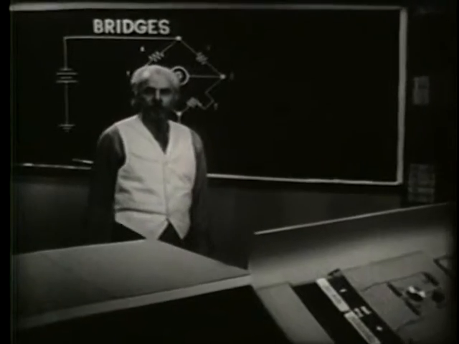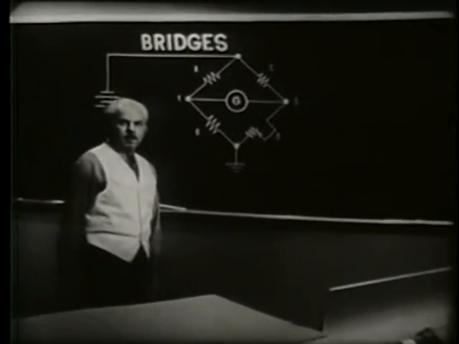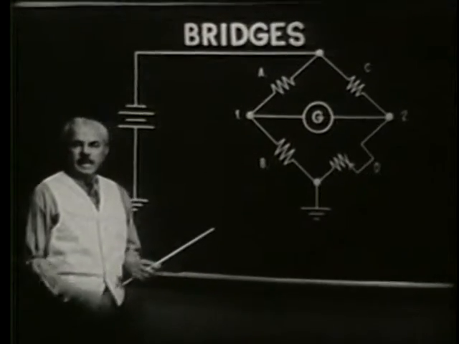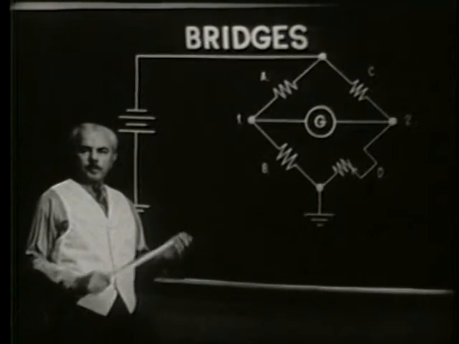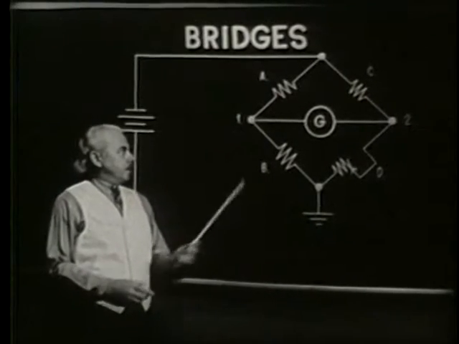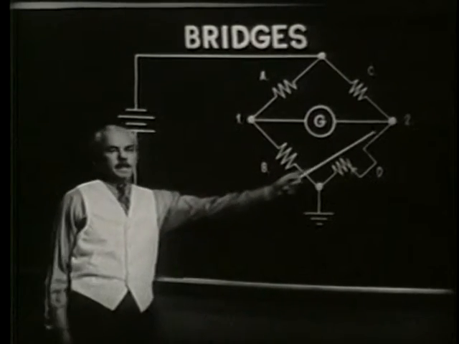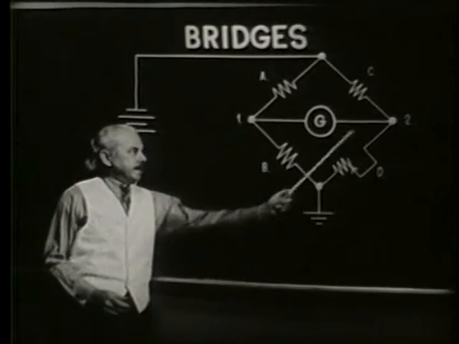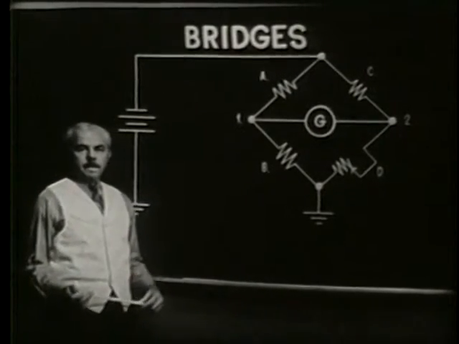Here are some very important points that you must remember about the bridge circuit. It is widely used for both precision measurements and control devices. When balanced, points 1 and 2 are at the same potential, and the detector has zero current.